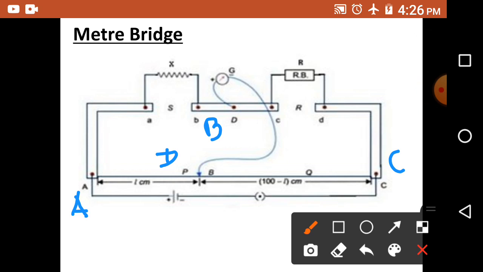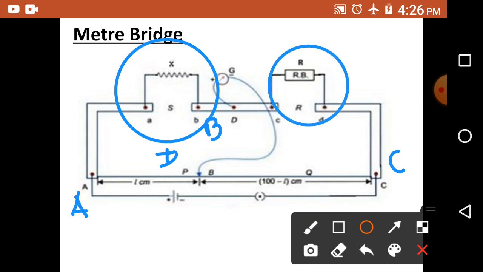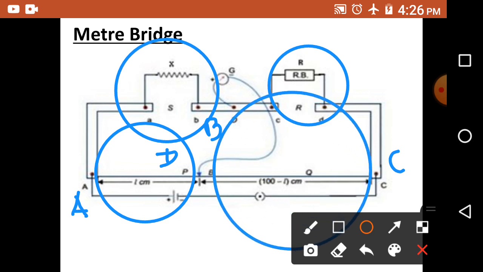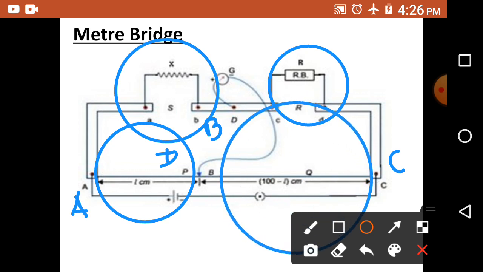This stage of the network is said to be the balance condition of the meter bridge. In this balance condition, resistance R1 of the Wheatstone network is over here, R2 is over here, R3 is the resistance of the wire on the left hand side of D, and R4 is the resistance of the wire on the right hand side of point D.